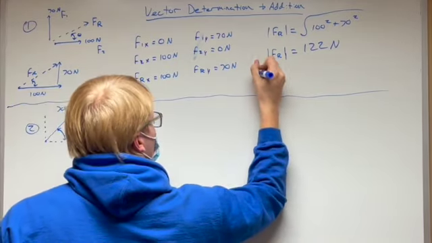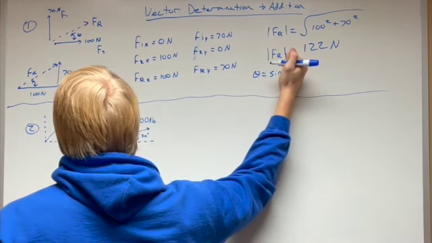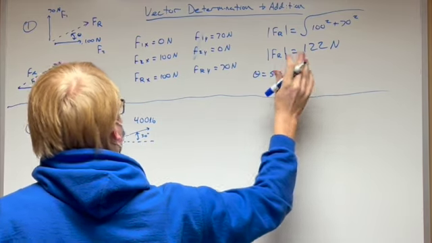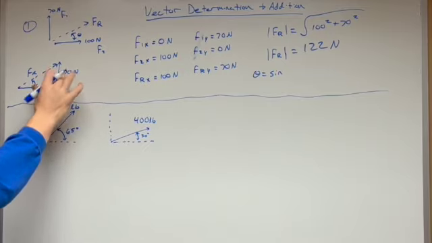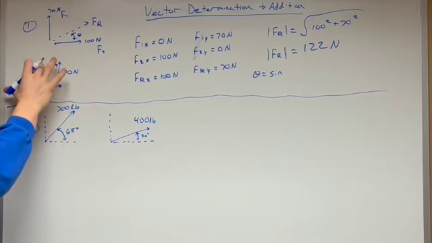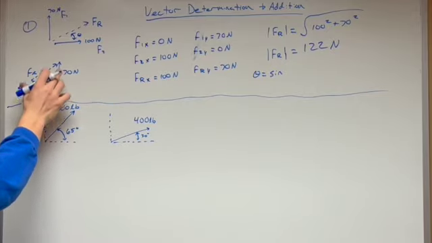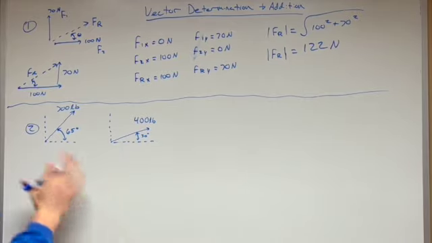So let me back up. We can use tangent, sine, or cosine because we know all three of these now. Since we know the magnitude, we can use anything. But if we don't know the magnitude, we have to use tangent.